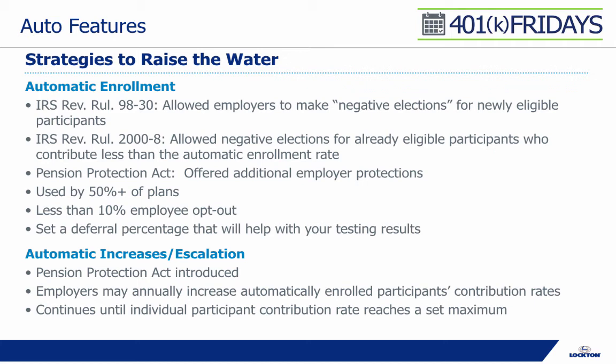So what we've seen a lot of employers do over the years is start with a little bit more of an aggressive automatic enrollment rate, for example, 6%, whereas in prior years, people would have started at a much lower rate. So think about that deferral percentage rate when you are implementing automatic enrollment and work with your administrator to look at options and look at a rate that would best help your discrimination testing results.